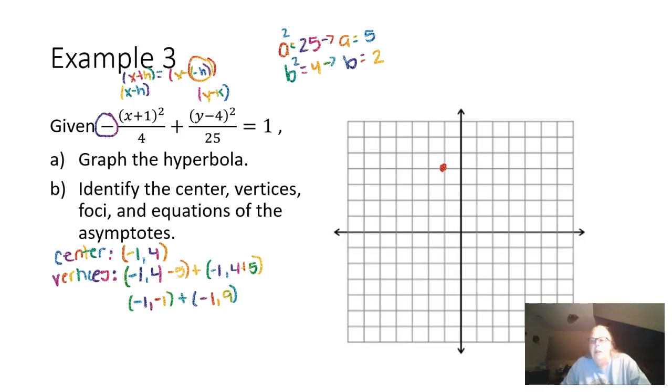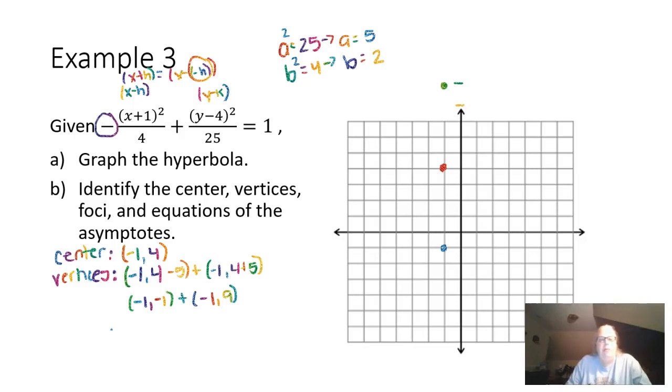All right, so -1, -1 is going to put one right here. And then 2, 3, 4, 5, 6, 7, 8, 9. Probably going to put it about up here. All right, so there are my vertices.